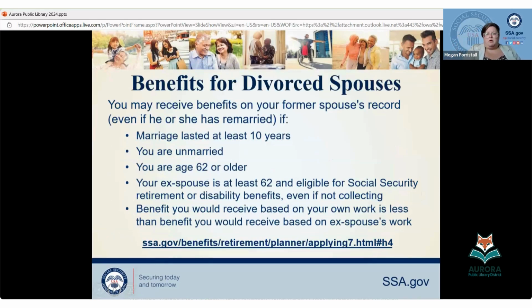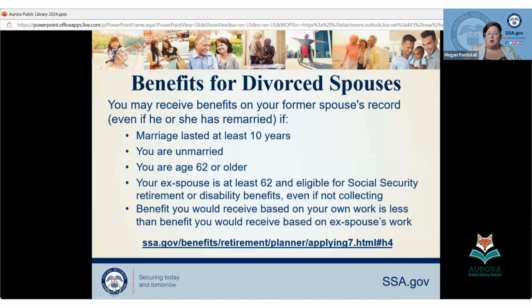So next category, divorced spouses. A lot of similarities and some differences with this one. Similarity is we're going to look at the person's own record first, if you have 40 credits, before looking at anything off a former spouse. The marriage has to have lasted at least 10 years. So that's specific to divorced spouses.